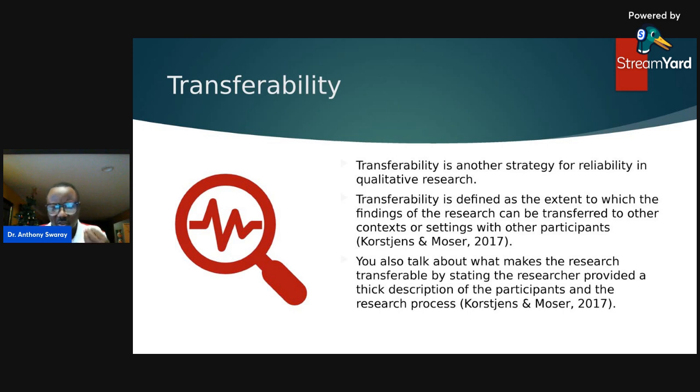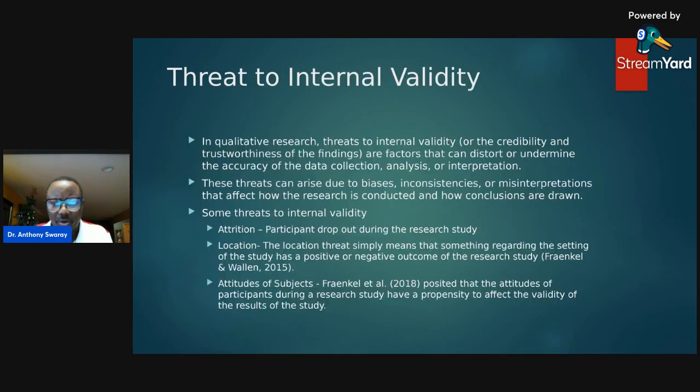You give a thick description of the participants and the process, and you make sure that you cite it. That's all part of reliability. You are doing this to make the research reliable.